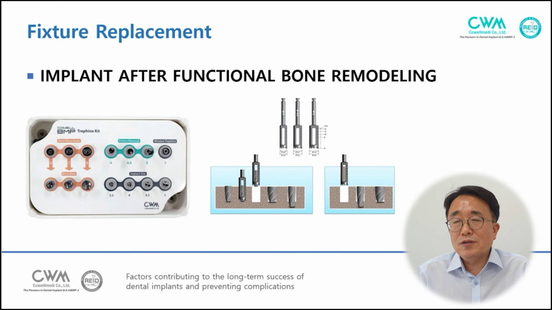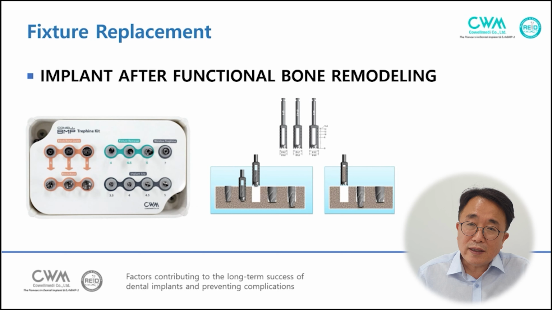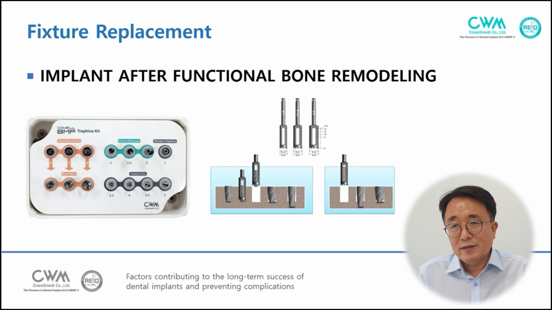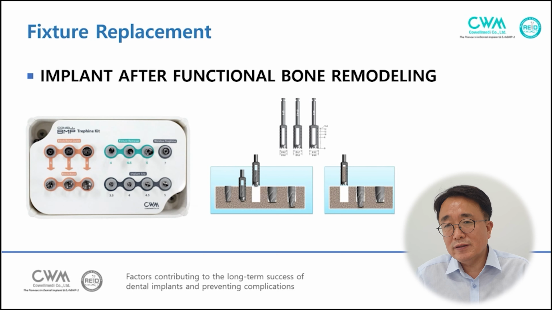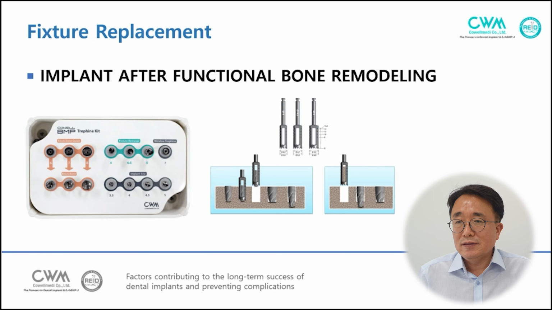We have to use a new trephine kit. So we have inner diameters of 4, 4.5 and 5. So we can remove a diameter 4 or 4.5 implant, and a 5 millimeter diameter implant is used with the trephine.